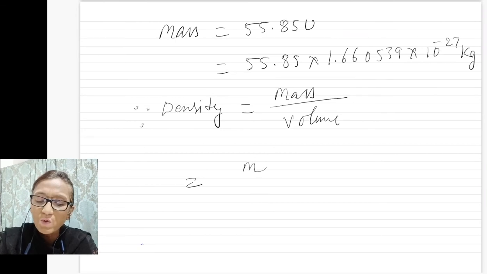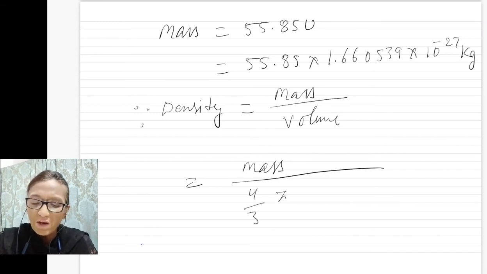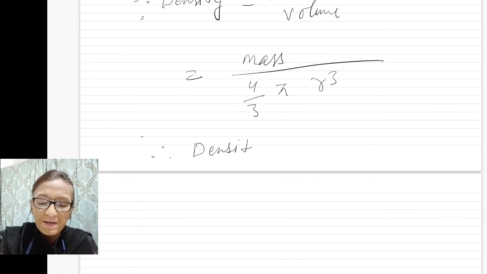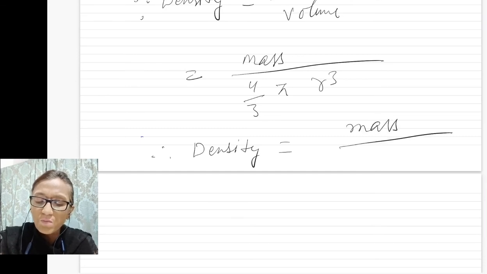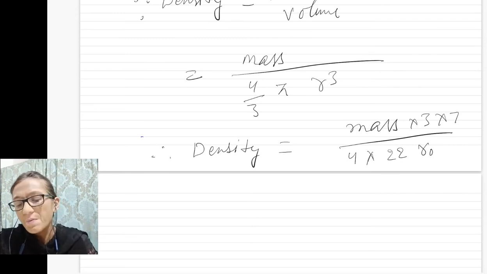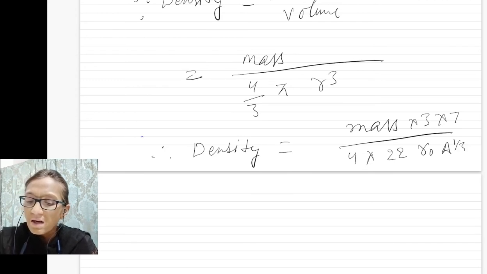So this is equal to mass over volume. The nucleus is spherical, so volume will be 4/3 pi r cubed, and therefore density will be equal to mass divided by 4, and I am taking 3 in numerator. 3 into 4 pi, I am writing 22/7, 7 I am taking in numerator, and for r, I am writing r0 into mass number to the power 1/3, and whole of its power, here you have cube, so this is the cube of the quantity.